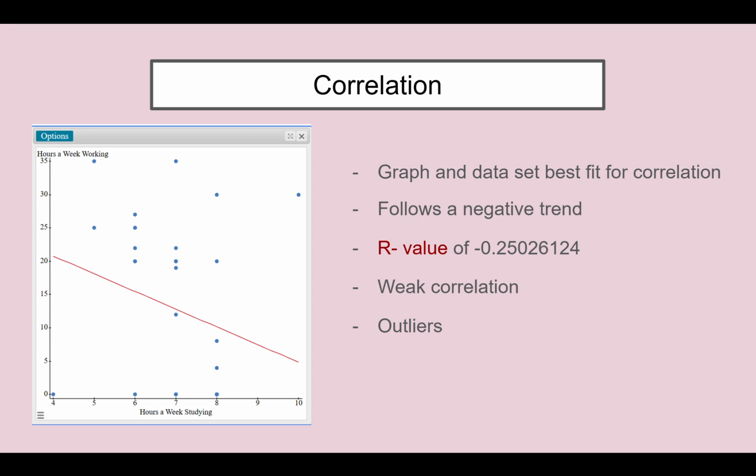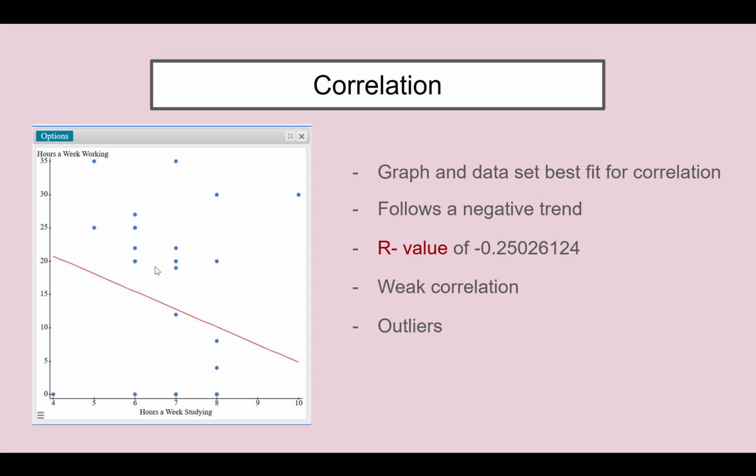What this means is it's going to be a weak correlation. I think the R value goes from negative 1 to 1, and this is closer to 0, so it's a weak correlation.